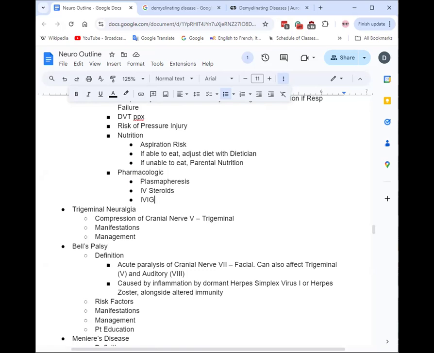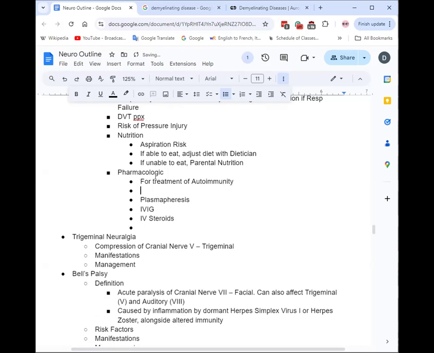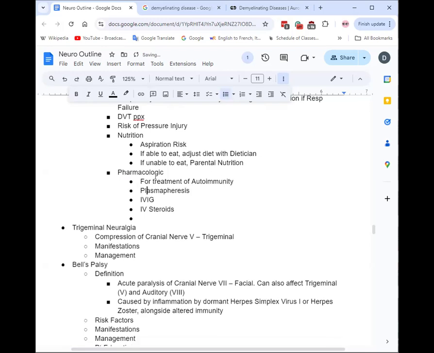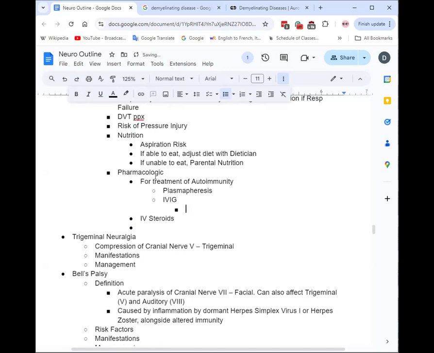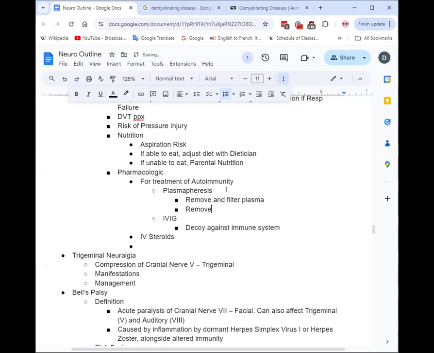So it's for autoimmune stuff, and this is thought to be autoimmune, so that's the purpose. So I'll write that here. Plasmapheresis: remove and filter plasma, remove harmful antibodies.